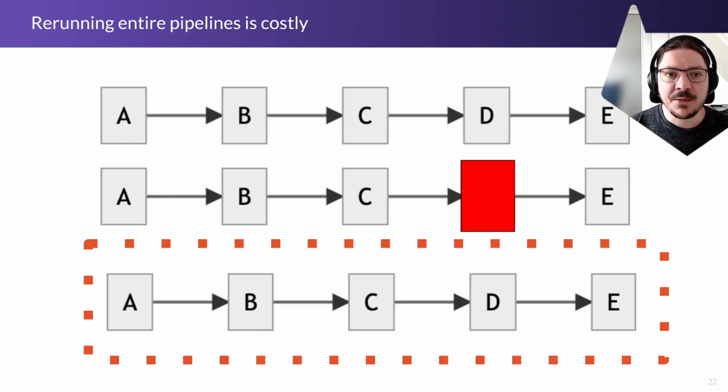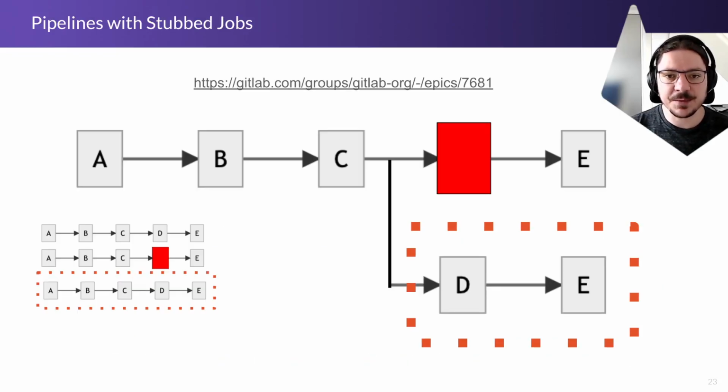Rerunning entire pipelines for MLOps is really, really costly, and one way to avoid this is with the concept of stub jobs. If I'm going to rerun from D, let's find the last successful run of C and use the output of that pipeline so that I can run the new D on top of it.